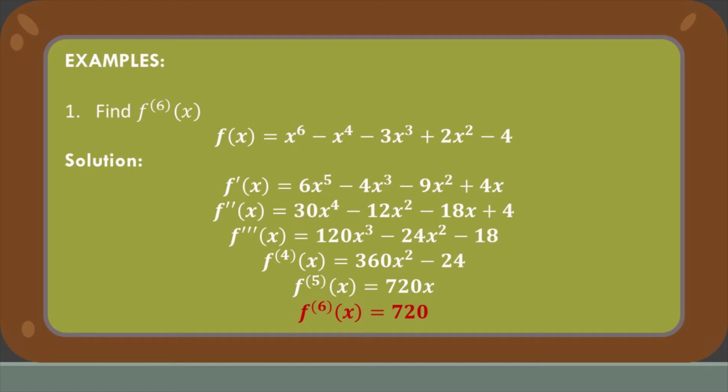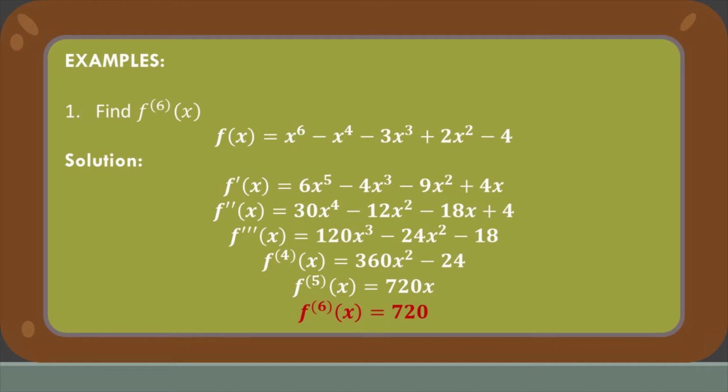Next, the second derivative of the function, we have 30x to the 4th minus 12x squared minus 18x plus 4. For the third derivative of the function, we have 120x cubed minus 24x squared minus 18.